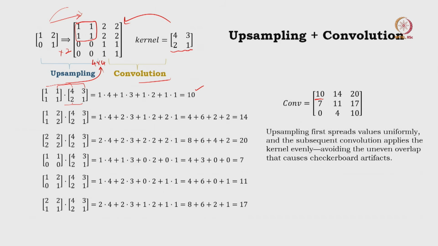Next, slide it. You take this next part, take the same kernel and perform element-wise multiplication: 1 with this, 2 with this, 1 with 2 and 2 with 1. You get a result and store it here.